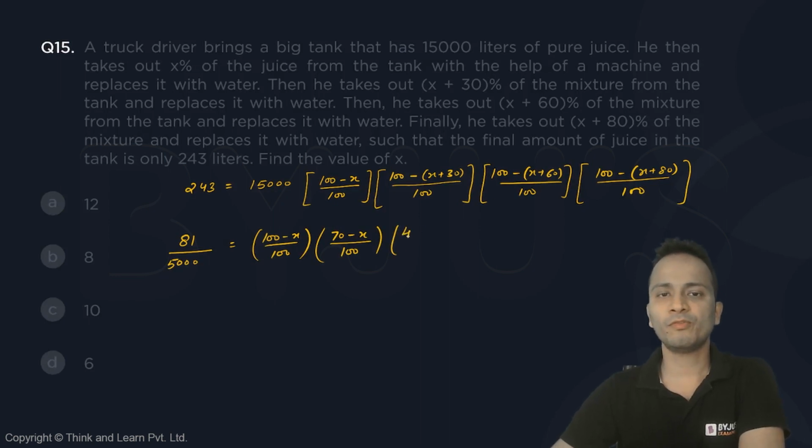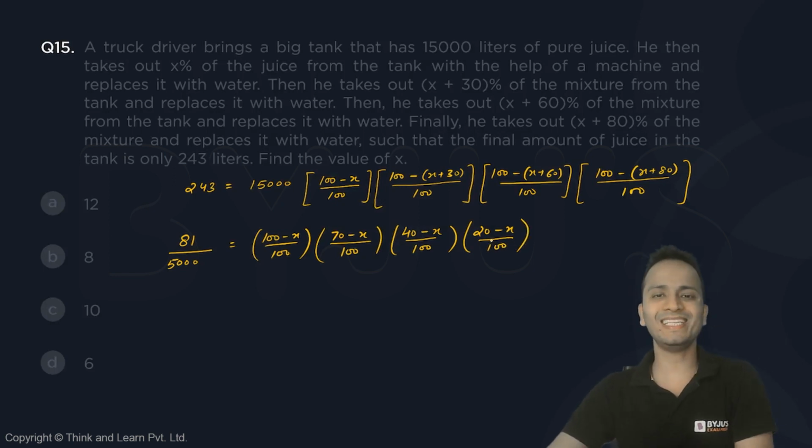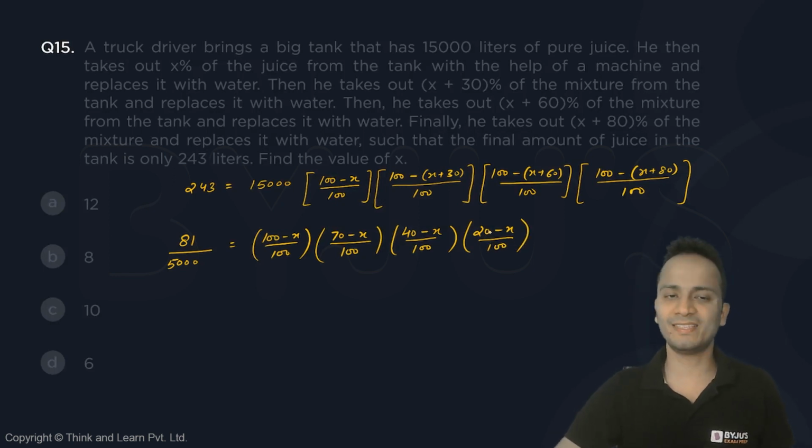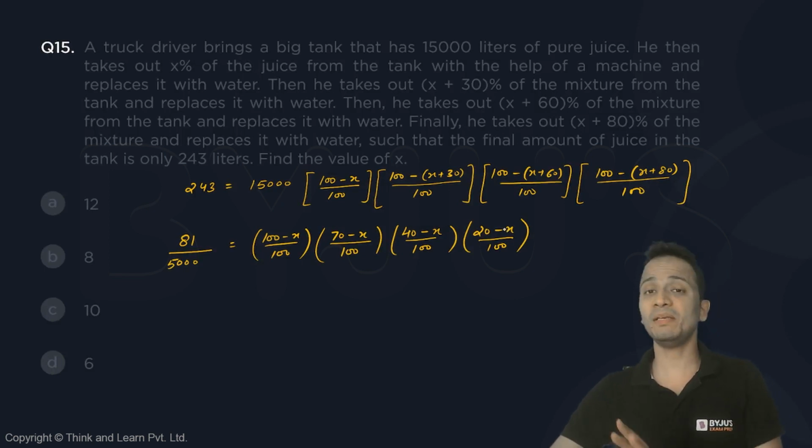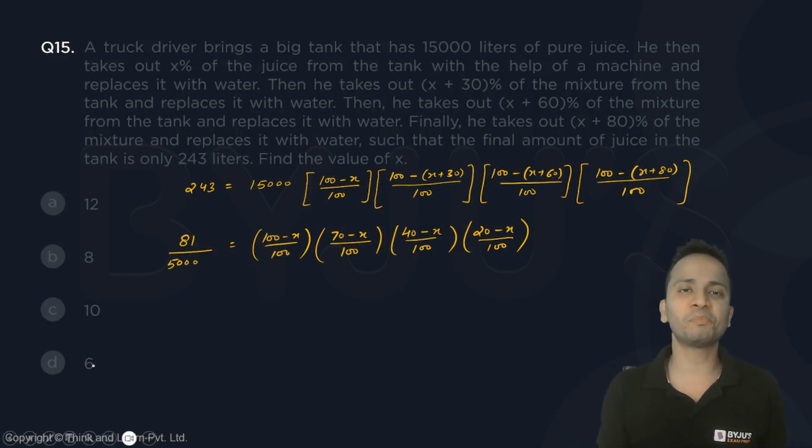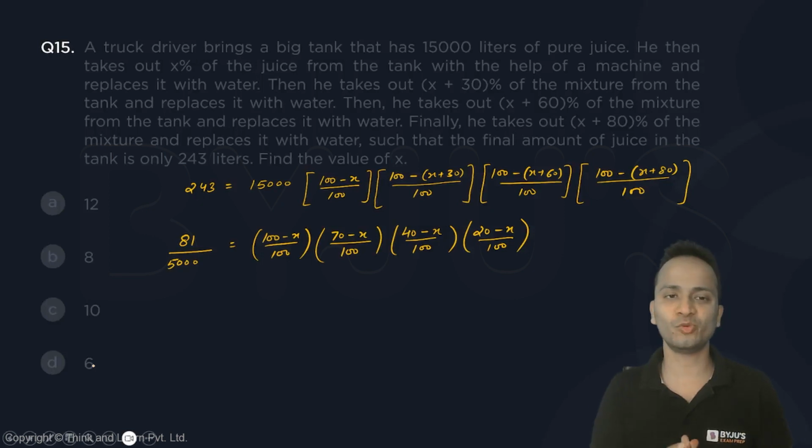Then 40 minus x upon 100. And then 20 minus x upon 100. Okay, now it is clear that the value of x is less than 20 because 20 minus x is there, and we have options which all are less than 20. So right now no use of looking at the options.